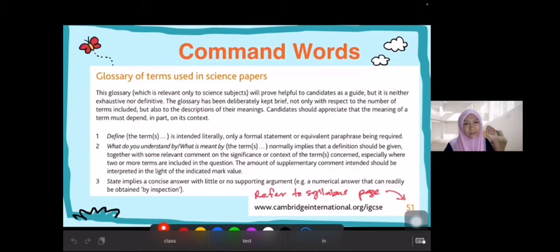You boleh dapat list of command word ni dekat dalam syllabus muka surat 51. Refer to syllabus page 51. Dah ujung-ujung syllabus dah. Cambridge senaraikan semua sekali command word yang diorang akan guna dalam kertas soalan yang dikeluarkan.